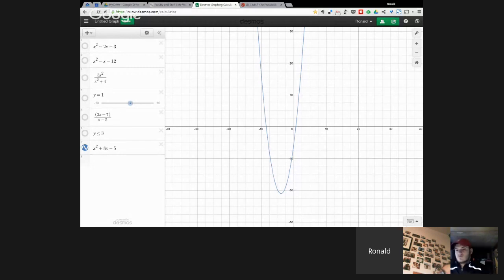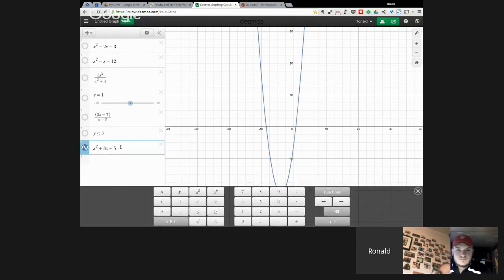I forgot which one I'm doing. 19. Yeah. So all you have to do in Desmos is type in x squared plus 8x plus 5 on the left, and you'll get the graph here. By the way, a cool thing about Desmos: if you put your cursor over where it crosses, it tells you negative 8.58 and positive 0.58.